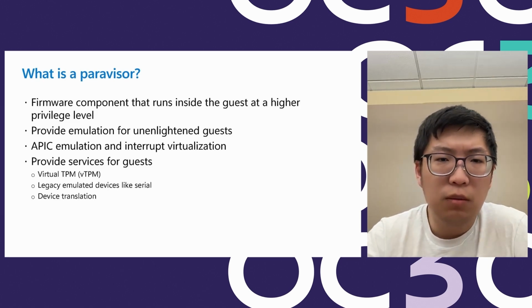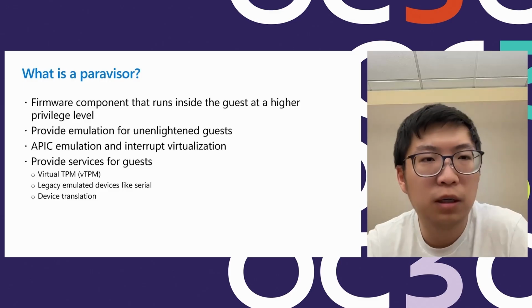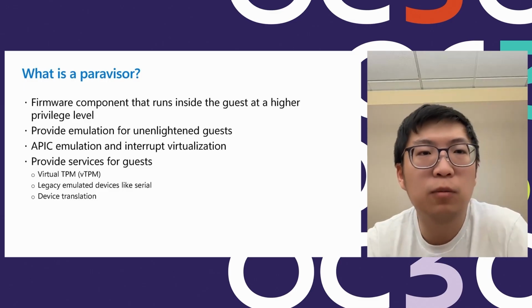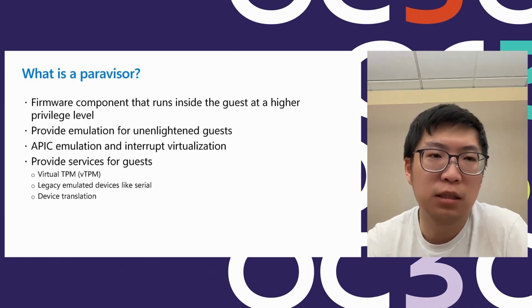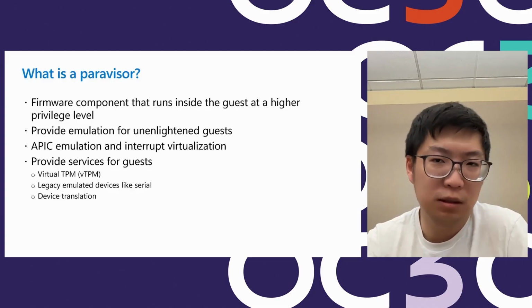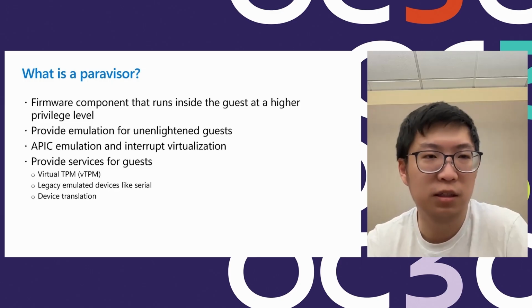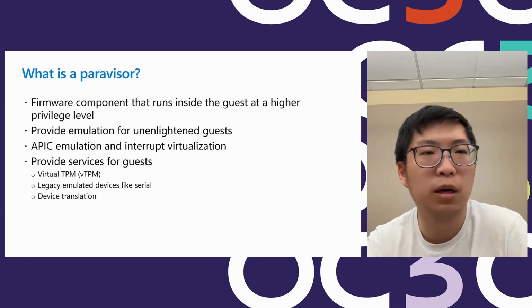So what is this Paravisor thing that we talked about before? It's a firmware component that runs inside the guest at a higher privilege level. To be specific, on AMD SNP this is VMPL0, and on TDX with partitioning, this is the L1.